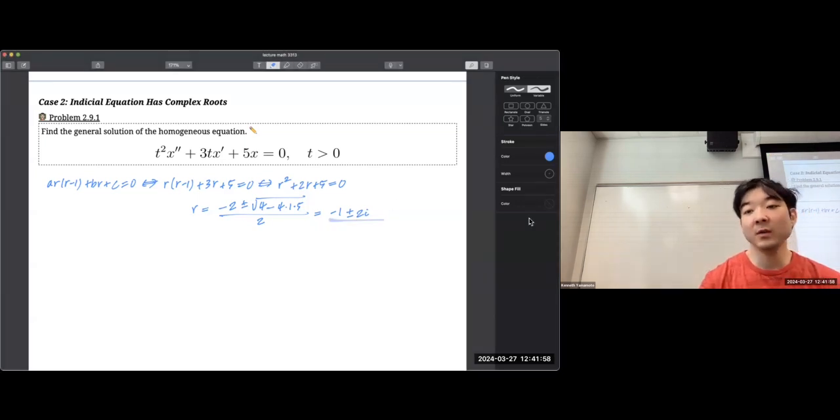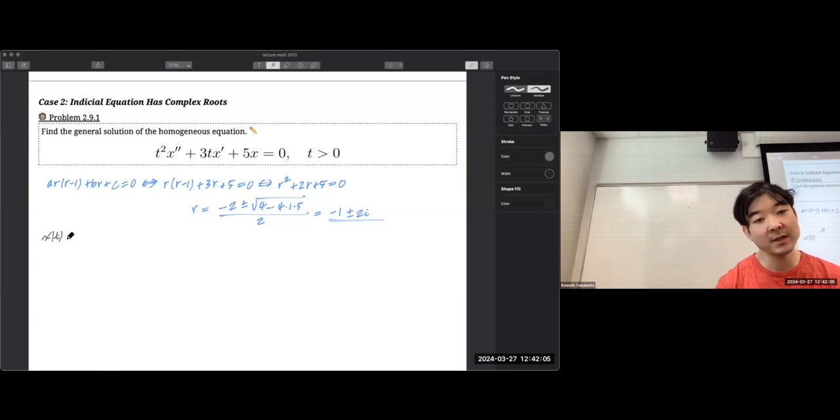The idea is the same as before. You just have two complex roots, so your solution is going to equal C1 t raised to one of them, which is -1 plus 2i, plus C2 t to the other one, which is -1 minus 2i.